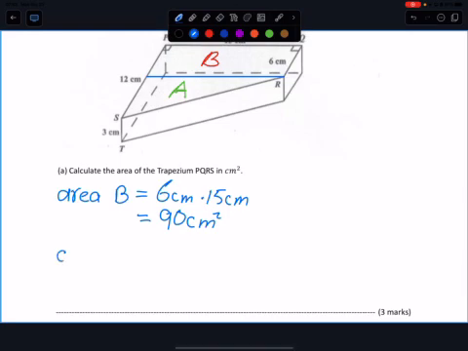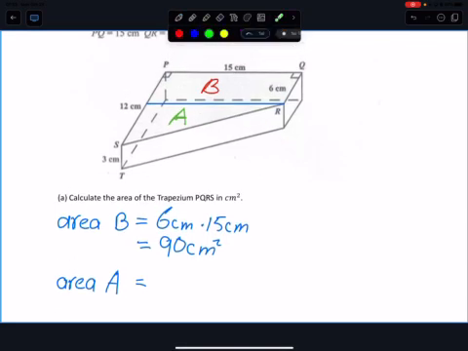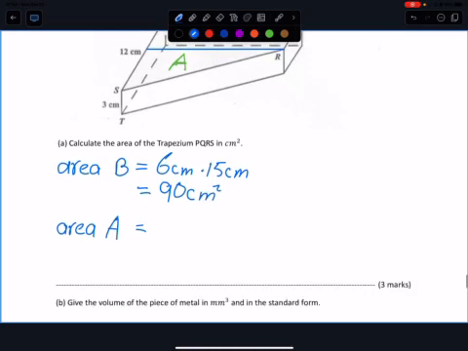Area of A. A equals a triangle. So if this entire thing, length, is 12, and this side is 6, and I cut it right in the middle, meaning this side is also 6, and SR until the 12 is a triangle. Area of a triangle, a half multiplied by the base multiplied by the height.